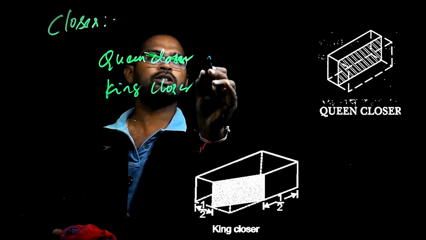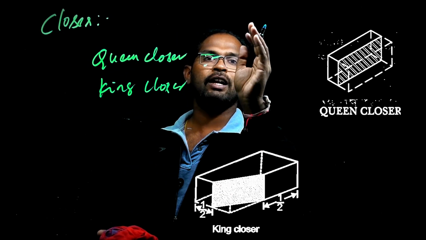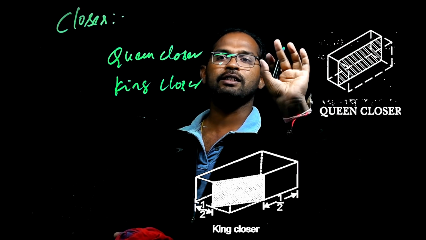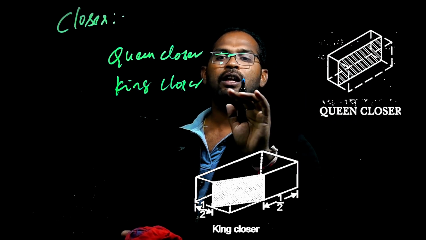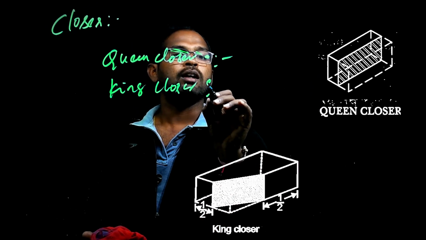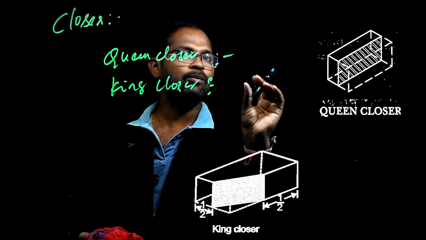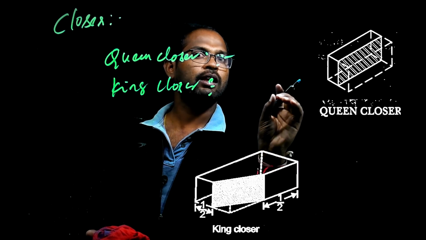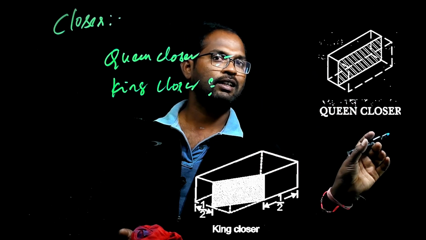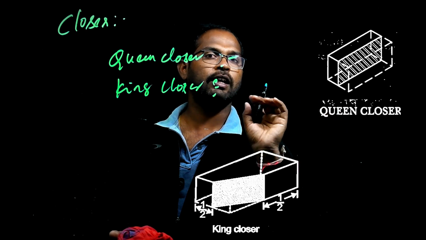In queen closure, the cut extends from one header face to the other header face. While in king closure, the cut extends from the header face to the stretcher face.